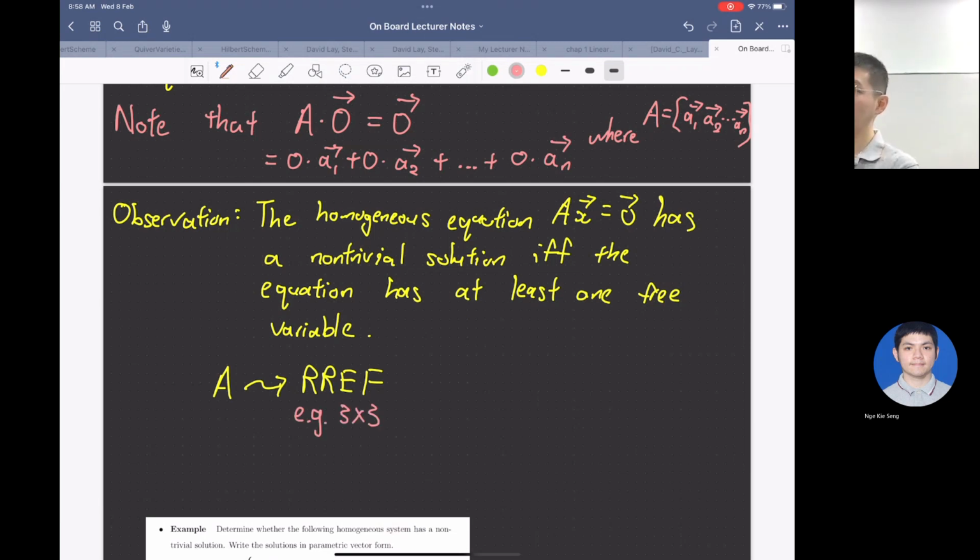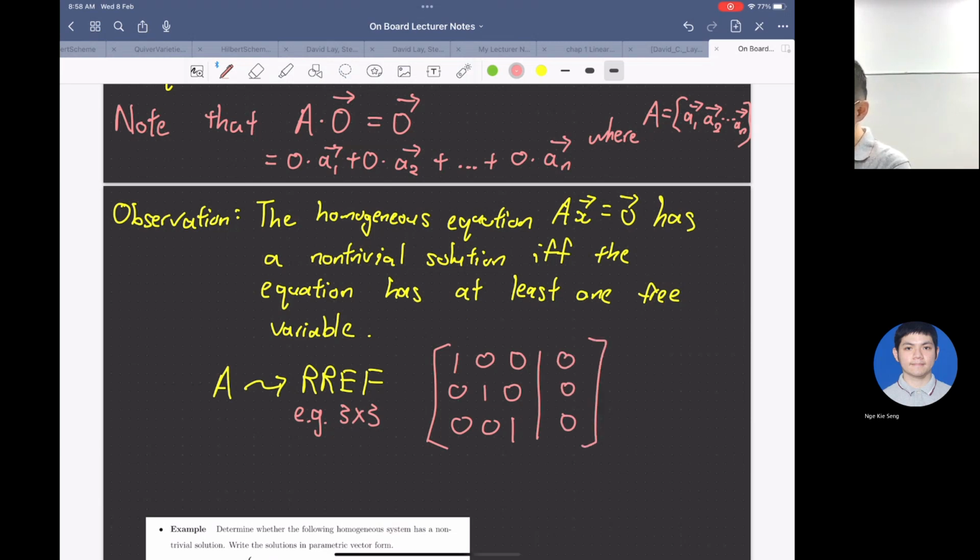If you have 1 0 0, 0 1 0, 0 0 1 as the row echelon form, augmented with a zero vector here, this means x1, x2, x3 have to be equal to 0.